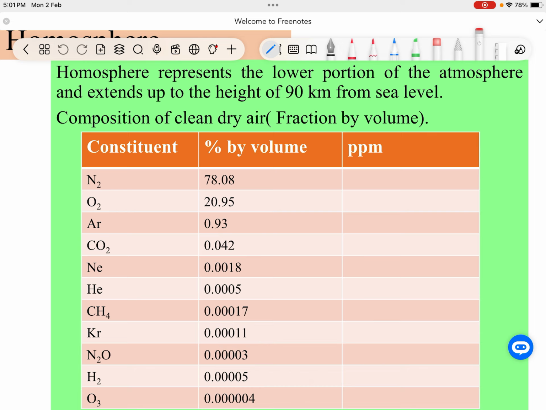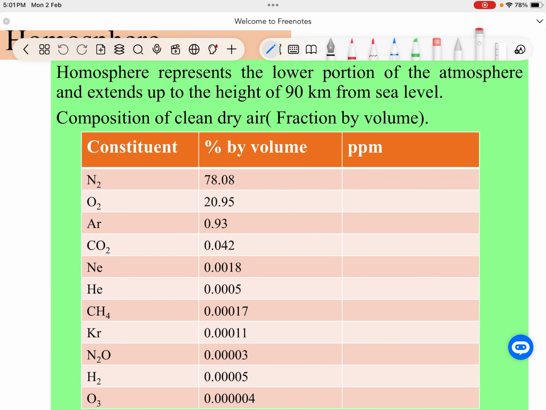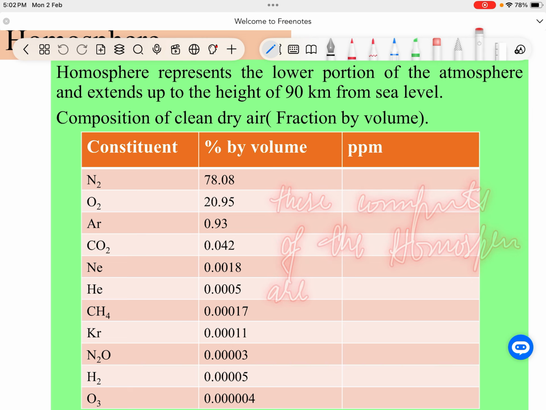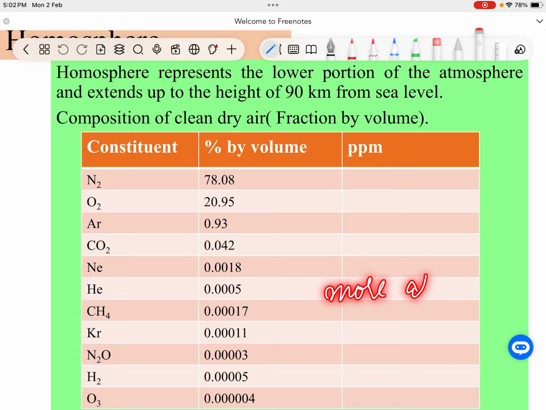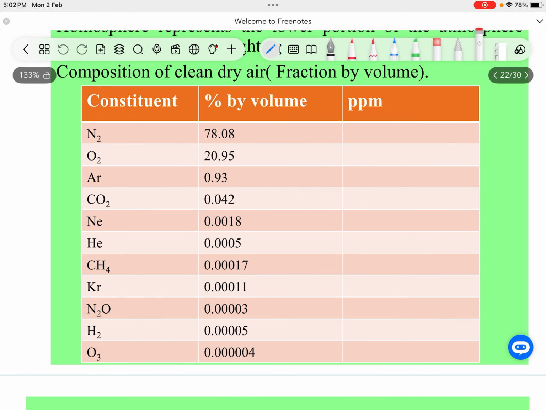So these components of the homosphere are more or less uniform and are presented in this table.